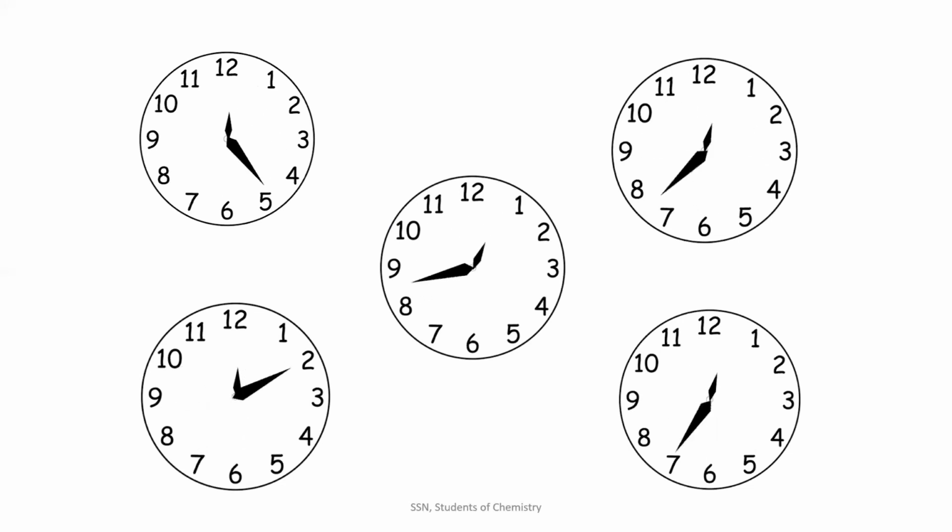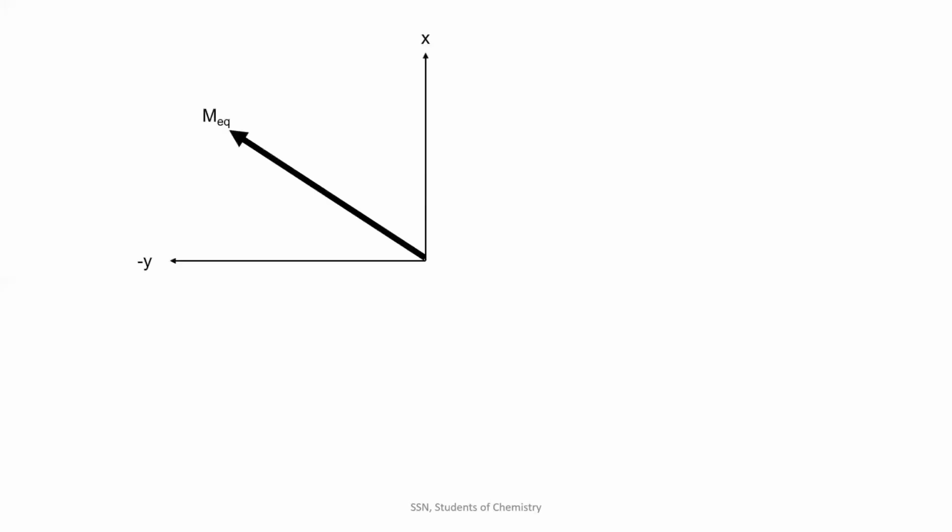So basically, transverse magnetization means the spins are revolving around the XY axis, that is perpendicular to the applied B naught Z axis. This is the M equilibrium, which I call the rotating magnetization revolving around the XY axis with an angle theta.